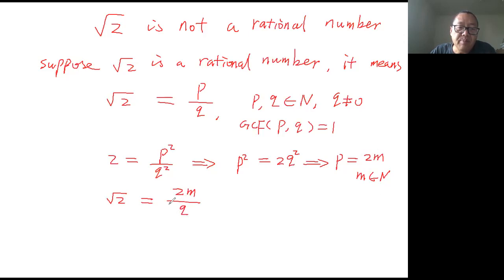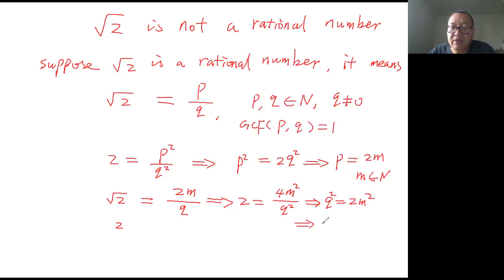Then squaring both sides, we get 2 equals 4m squared over Q squared. From this, we can get Q squared equals 2m squared.